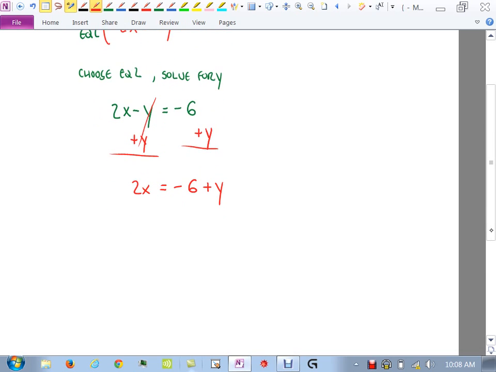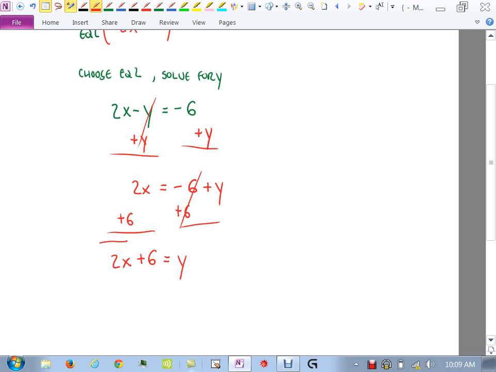And now let me add 6 to both sides. That'll get rid of the 6's on the right. That gives me y equals 2x plus 6. It's the same thing as a lot of you got, but a lot of you had to either multiply by -1 or divide by -1 to get that. I'm just pointing out that it can be done this way also. Move the y over so it becomes positive.